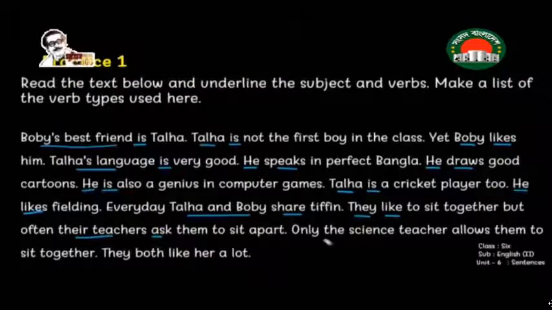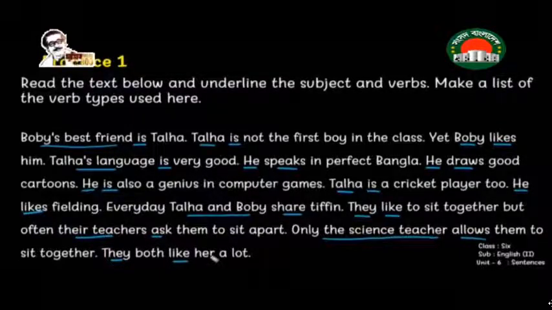So the science teacher is here the subject and allows here is a transitive verb. Allows whom? Them. They both like her a lot. So they is here the subject and like is here a transitive verb. Like whom? Like her. So I think now it is clear to you the subject and different types of verbs used here.